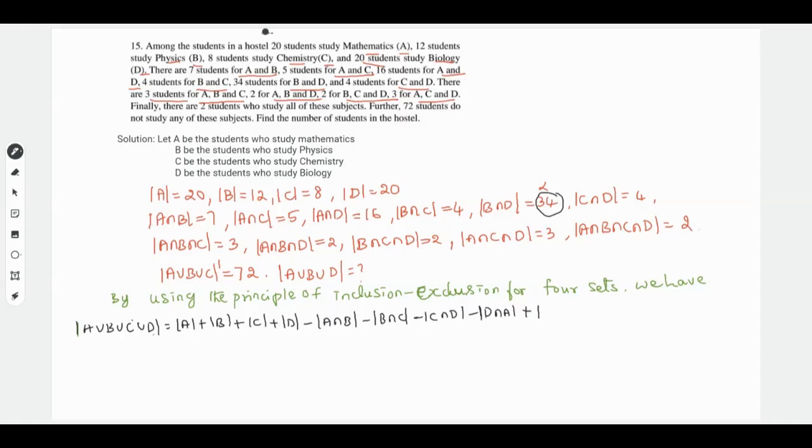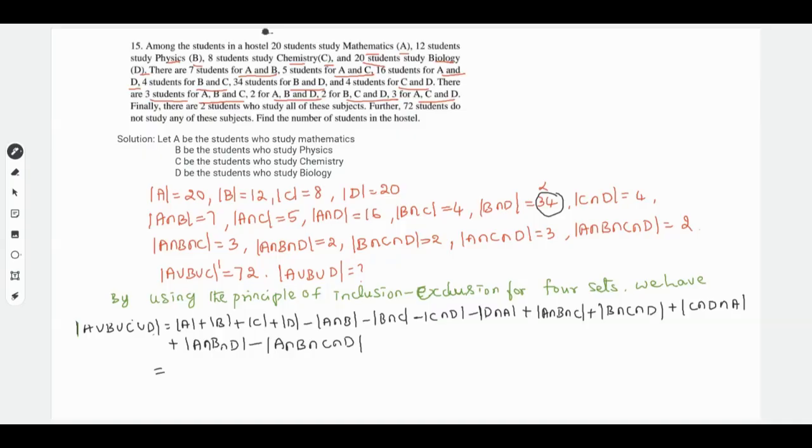That will be A intersection B intersection C plus B intersection C intersection D, then plus C intersection D intersection A, then plus A intersection B intersection D. So then minus, we take all 4 elements, A intersection B intersection C intersection D. When they are even sets, it is negative. When they are odd, they are positive.